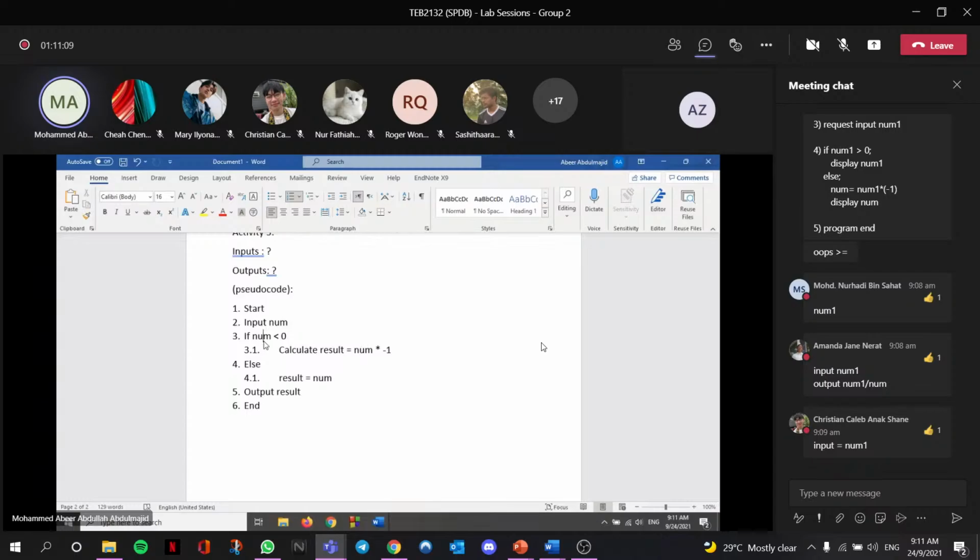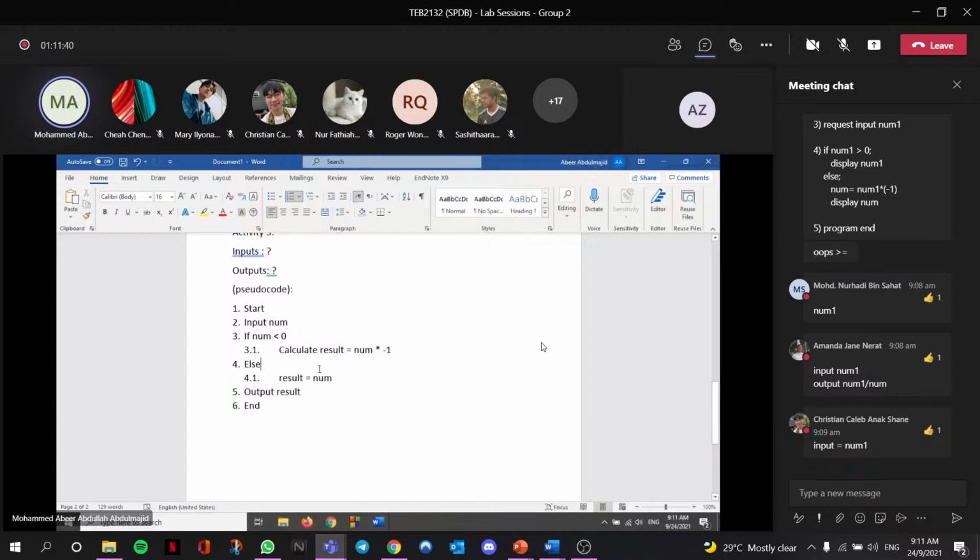If it is negative, then we calculate the number times -1. Else, which is positive, by default is going to consider num greater or equal than 0. So if you don't check for another condition, it will by default be greater or equal 0, and the number is displayed as it is.